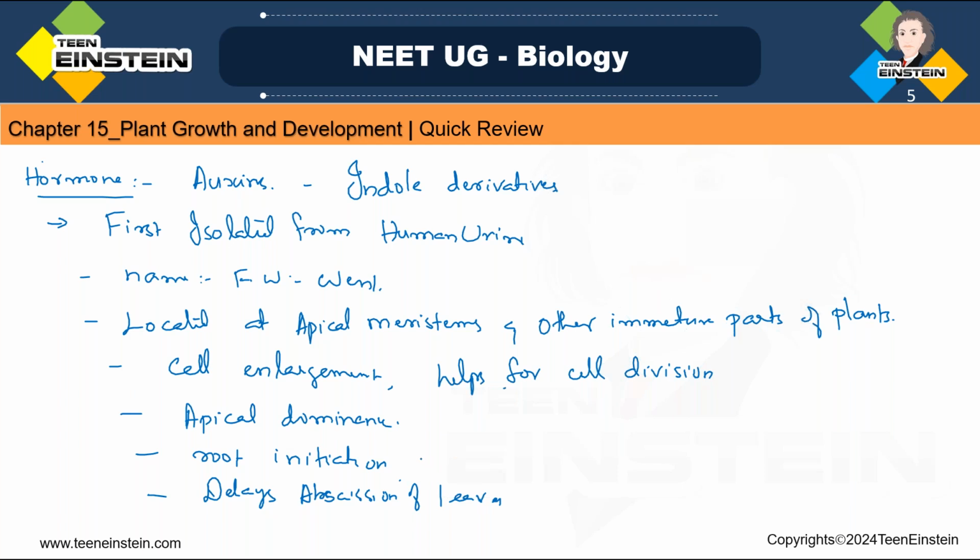So these are the physiological effects: apical dominance, root initiation, delaying abscission, cell enlargement, and cell division. And the location is the apical meristem and other immature parts of plants, in the growing region.